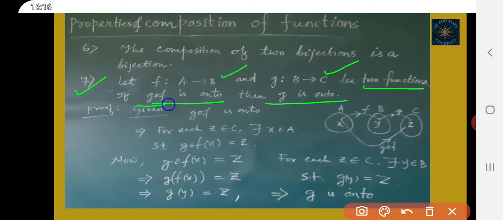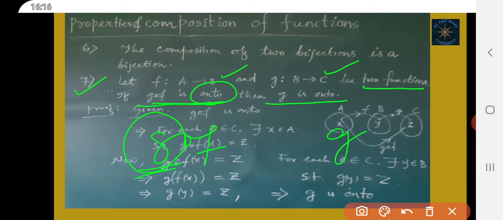If gof is onto, then g is onto. We have to prove. What is given? Now gof is onto, given. We have to prove the function g is onto.